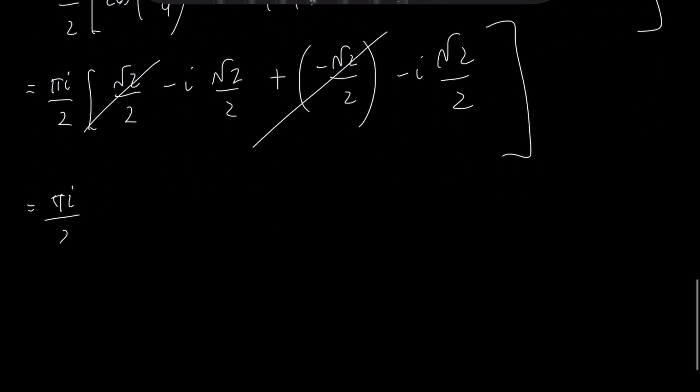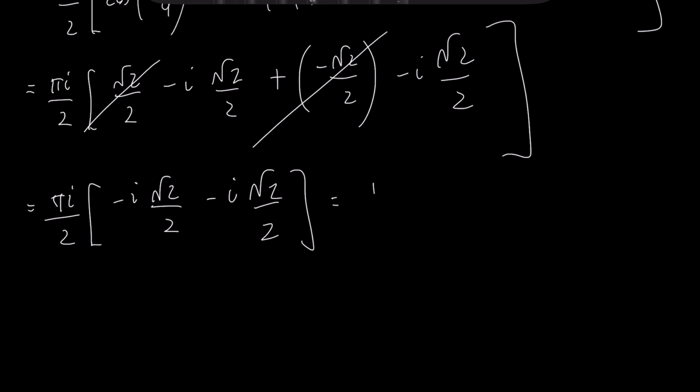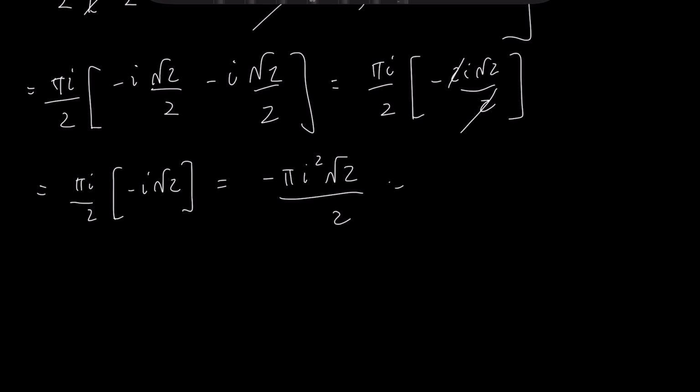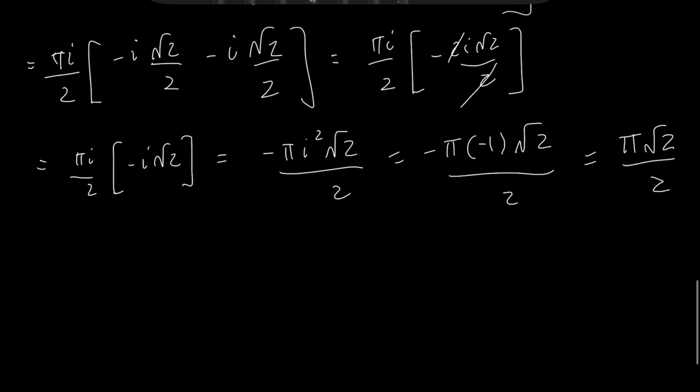We have pi i over 2, negative i square root of 2 over 2, and then minus i square root of 2 over 2, which simplifies into pi i over 2, negative 2i root 2 over 2, but the 2's will end up canceling. So we have a pi i over 2, negative i root 2, which is a negative pi i squared, square root of 2 over 2. We know i squared is negative 1, so times negative 1 square root of 2 over 2, which is equal to pi square root of 2 over 2.